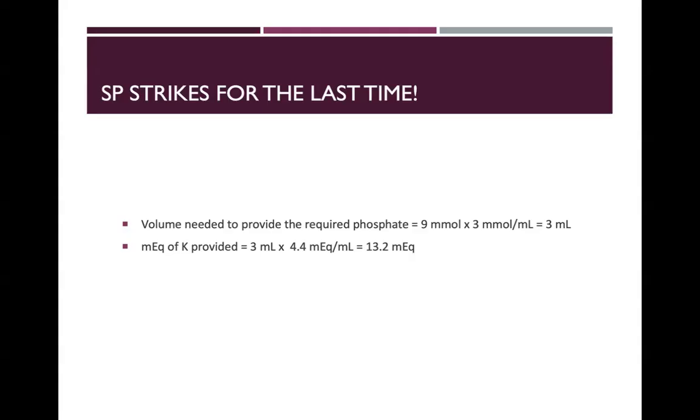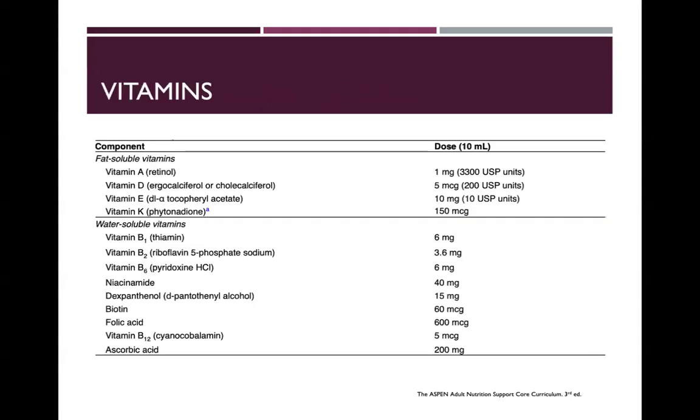Okay. All right. The rest of the micronutrients, so vitamins. You don't have to know any of the numbers on the right side. But basically, vitamins come in a pre-made vial, so the ingredients and the ratio between the ingredients are exactly the same for all the products. It's a combination of fat soluble and water soluble vitamins.